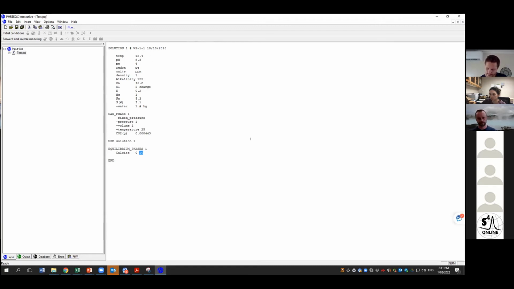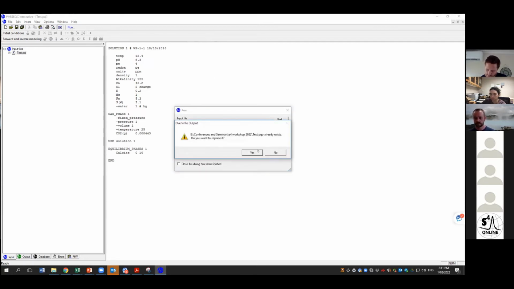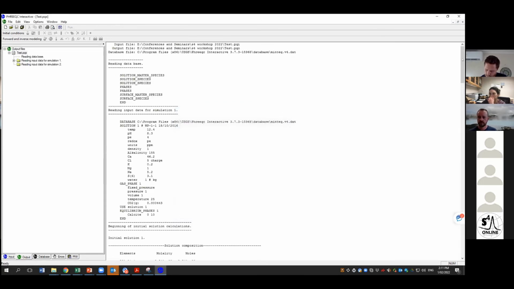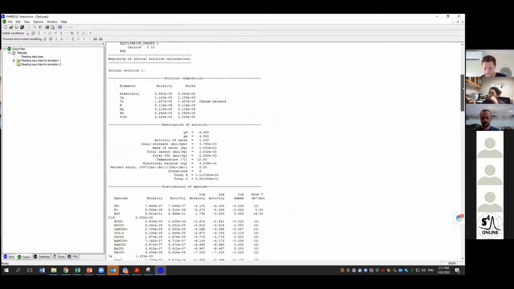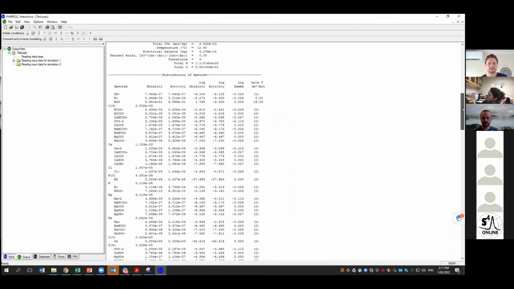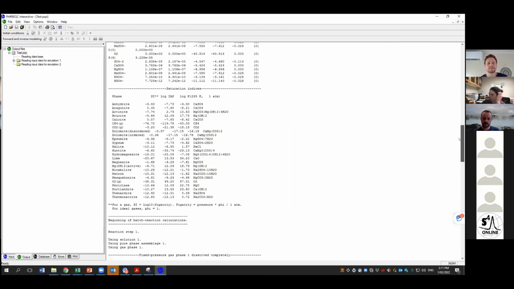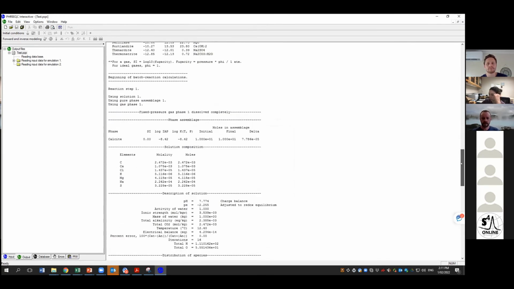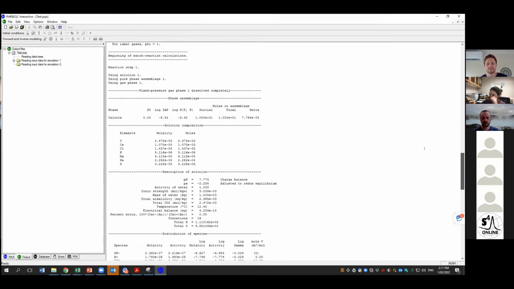All right. So I'm going to save that again and run it. And we can step through what the code has done. Same as before, it read in the solution and calculated the saturation index. Now it's doing what's called a batch reaction calculation using solution 1.